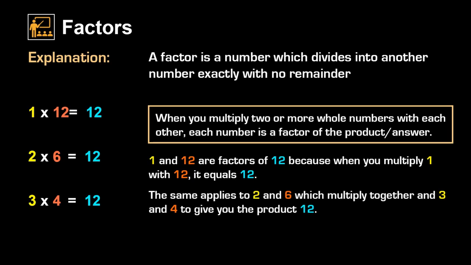Therefore the factors of 12 are 1, 2, 3, 4, 6, and 12. We got those factors by multiplying those numbers with each other so that we can get the product 12.